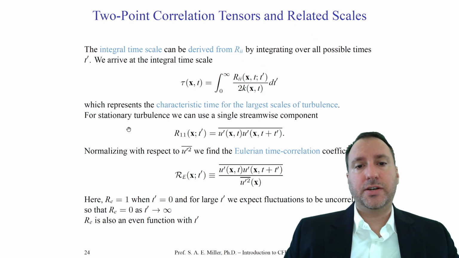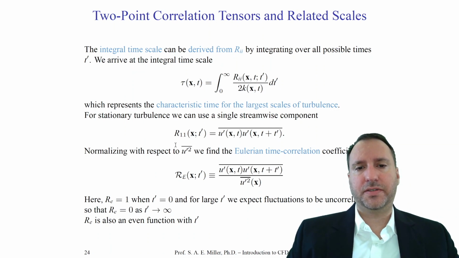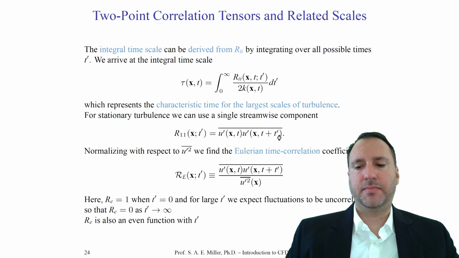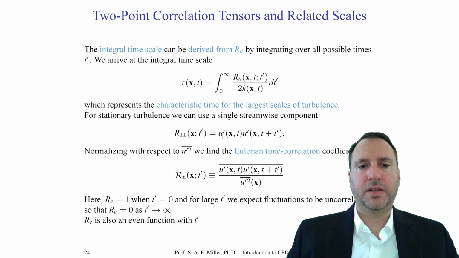Now, for stationary turbulence, we can always simplify this a bit more. For example, if we look at the streamwise component of this Reynolds stress term, we can find u prime of x and t times u prime at x and t plus t prime. This is exactly the definition of here, except looking at the u component only, the R11 component, which is uu.